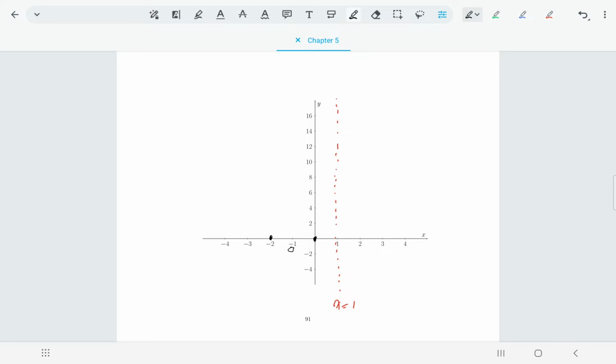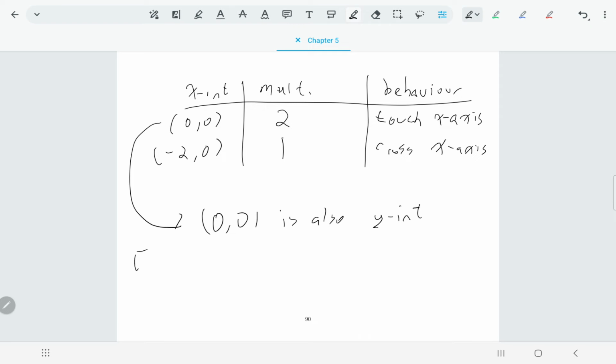So what I'll do is figure out a point on the graph for when x is equal to 2. To do that, I'm going to put in 2 for x and find out what value I get for y.